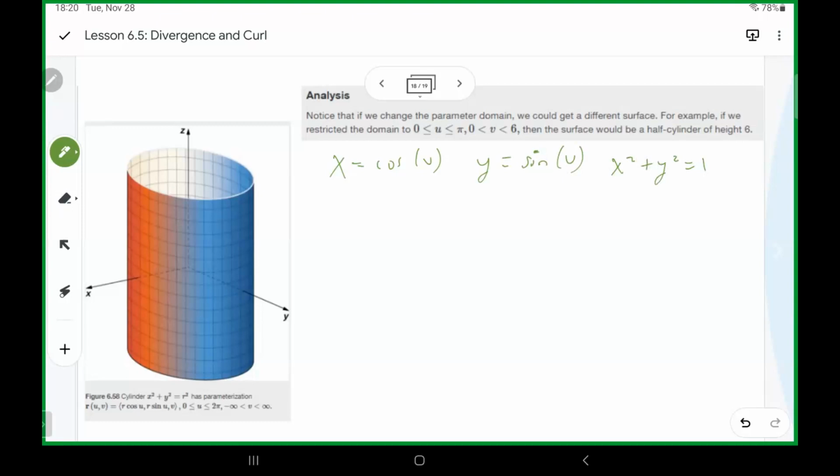So the points from S lie on the cylinder. Conversely, each point on the cylinder is contained in some (cos u, sin u, k) for some k, therefore each point on the cylinder is contained in the parameterized surface.